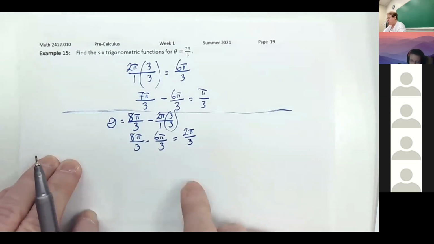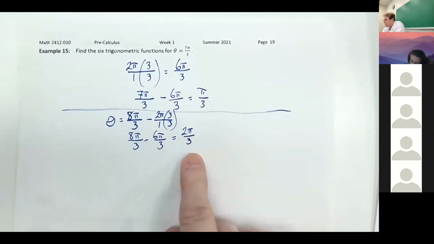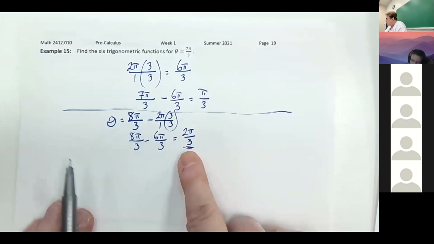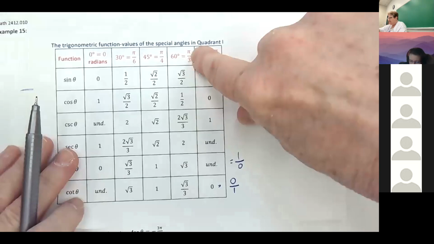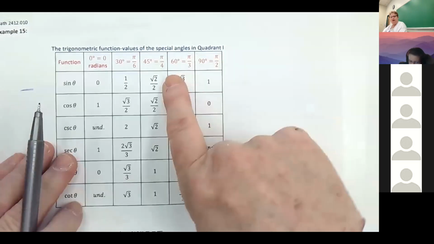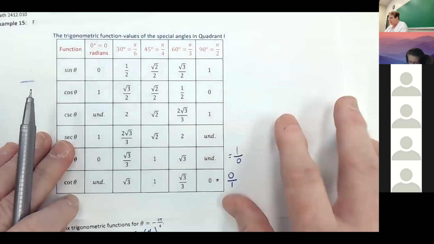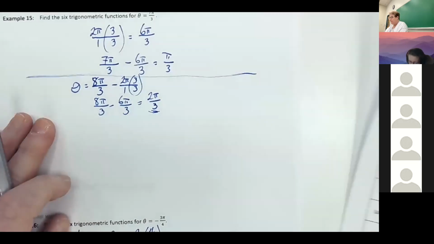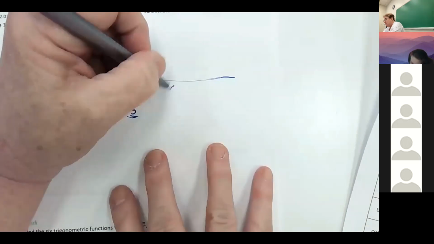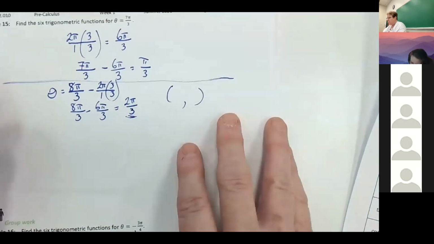Second. Since we've got a denominator of 3, I know that the values are going to be the same as pi over 3, only some of them will be negative. In the second quadrant, what's negative, x or y?